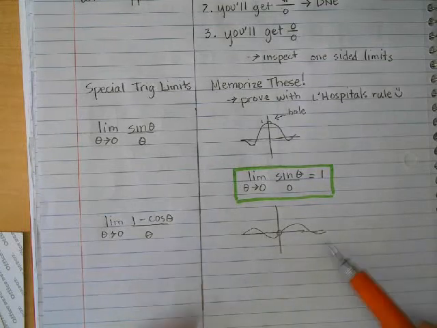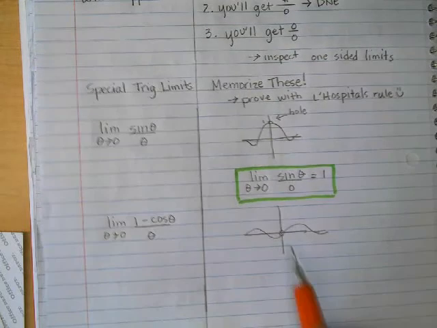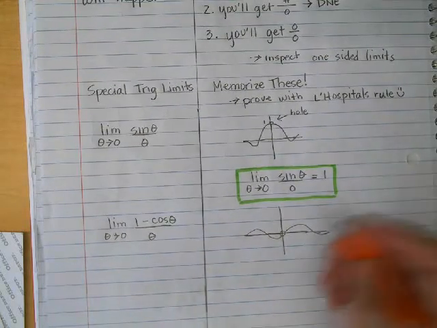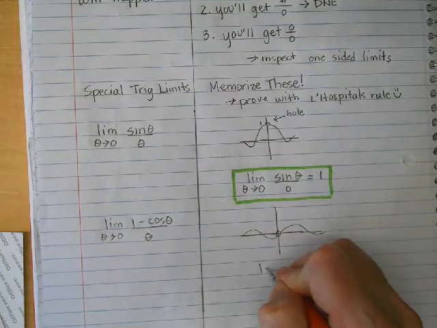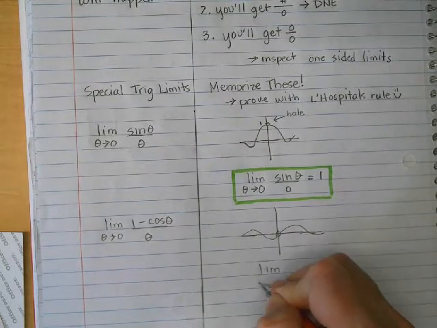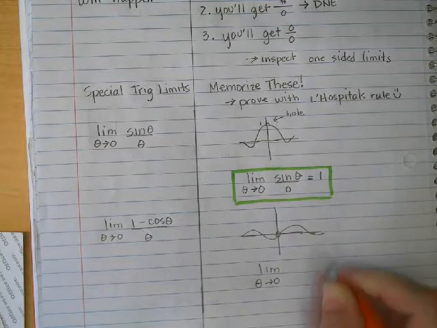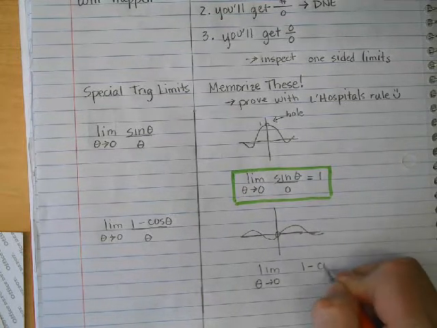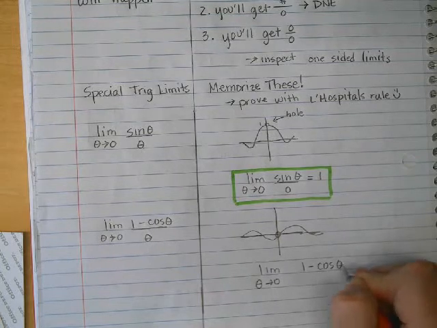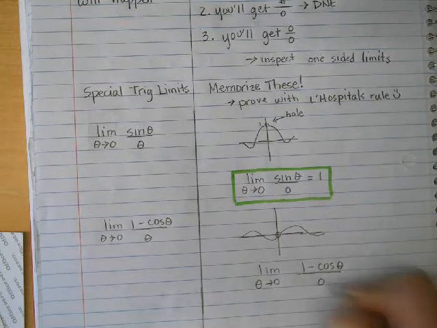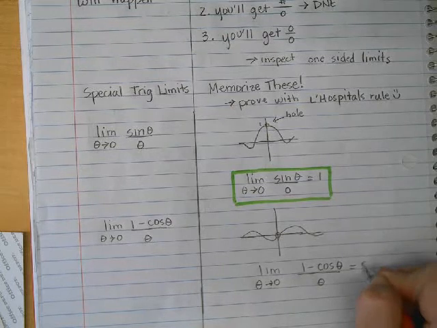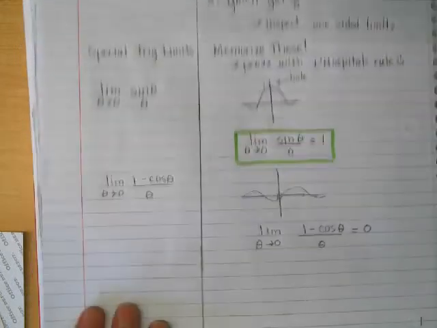As we're coming to 0 from the left and the right, we're headed to 0. So we're going to know that the limit as theta approaches 0 of 1 minus the cosine of theta over theta is equal to 0.